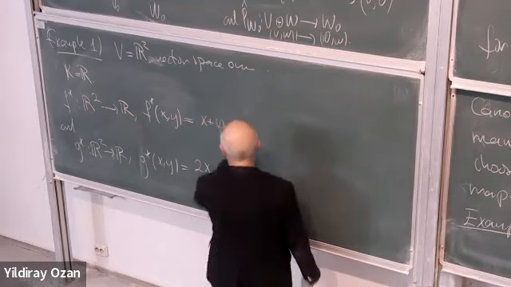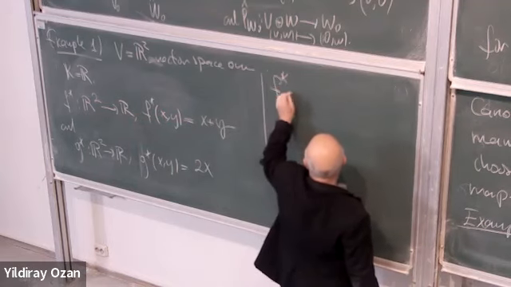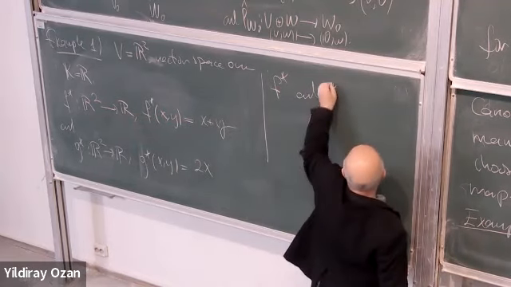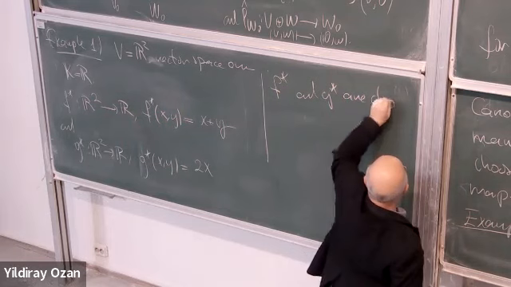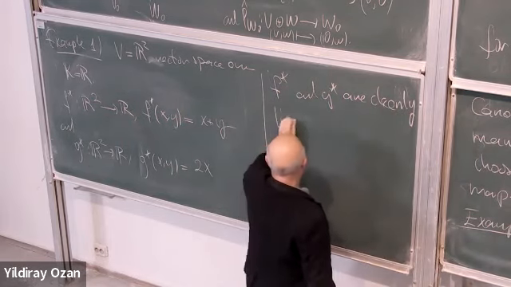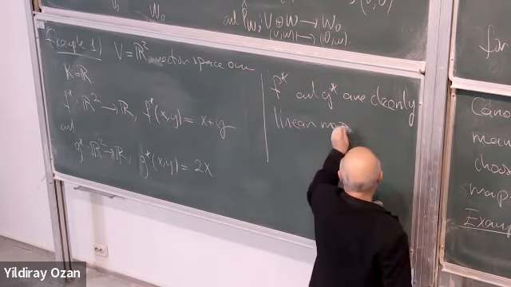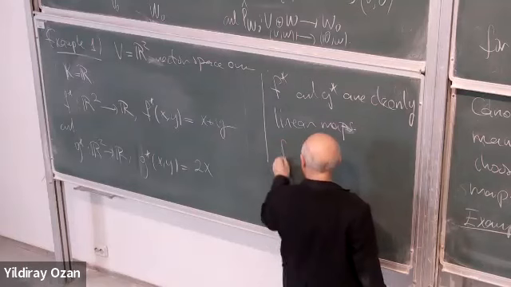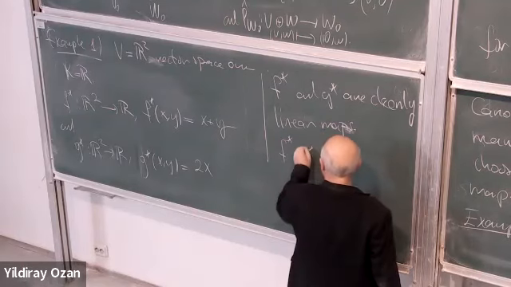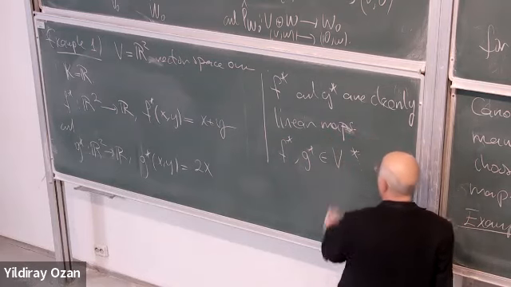These are linear maps. So F star and G star are actually elements of V star.